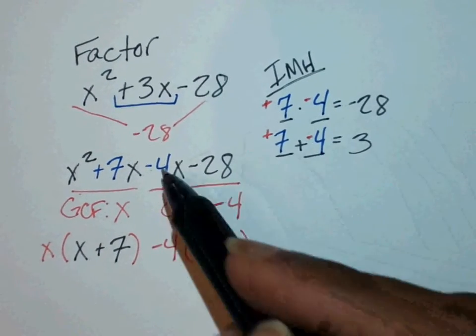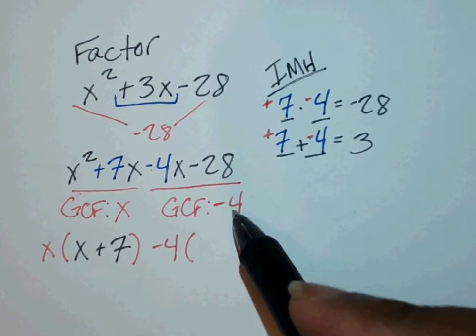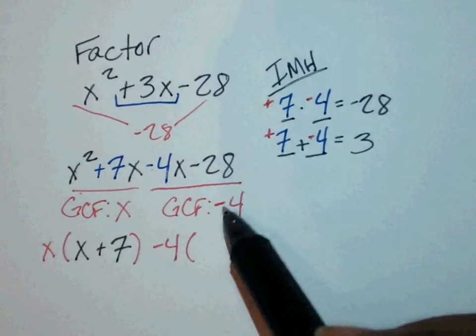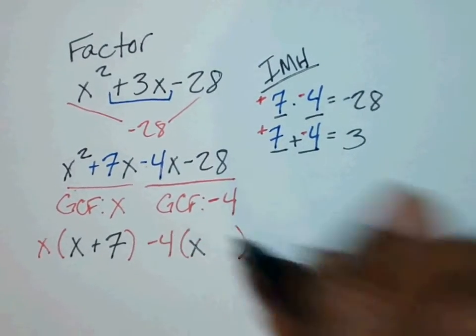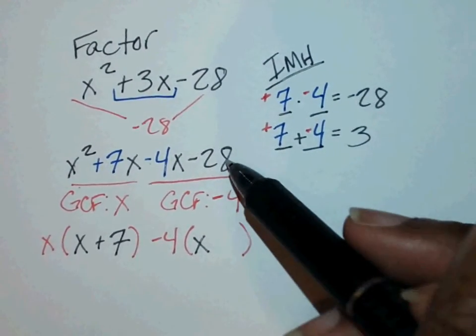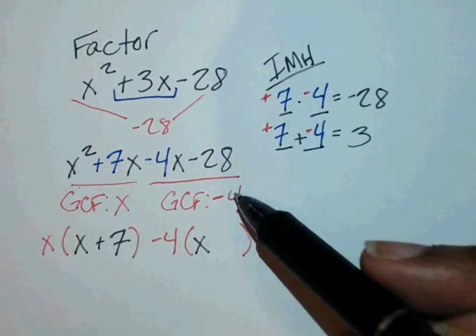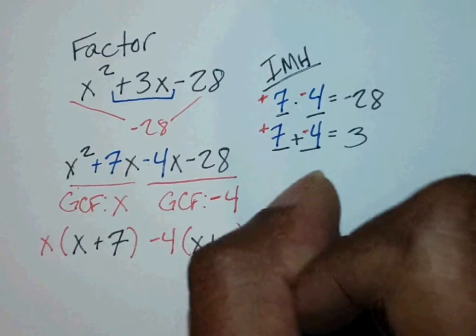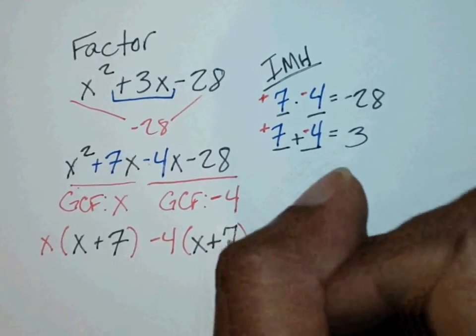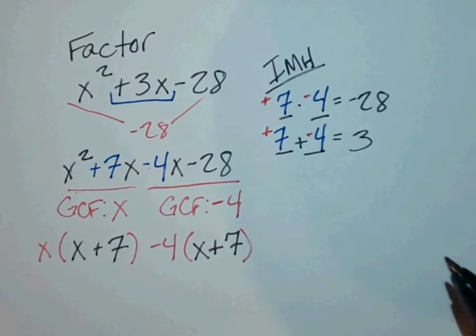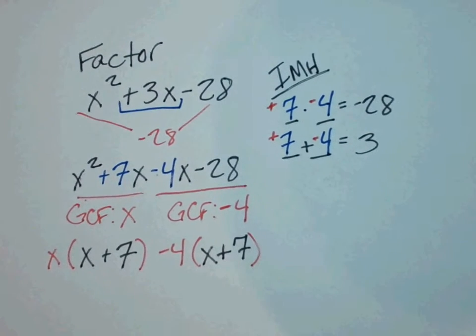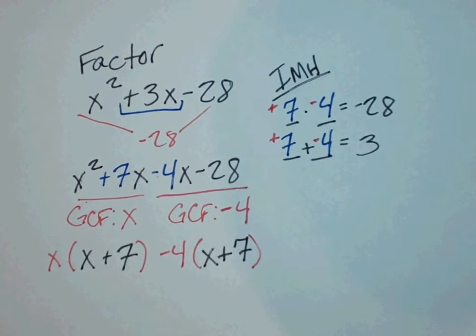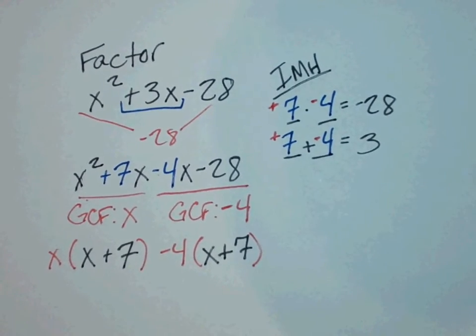So if I have a negative 4x divided by negative 4, that is just a positive x. And I have negative 28 divided by negative 4. A negative divided by a negative is a positive, and 28 divided by 4 is 7. I'm excited again. I have my twins. What are these twins going to be called?